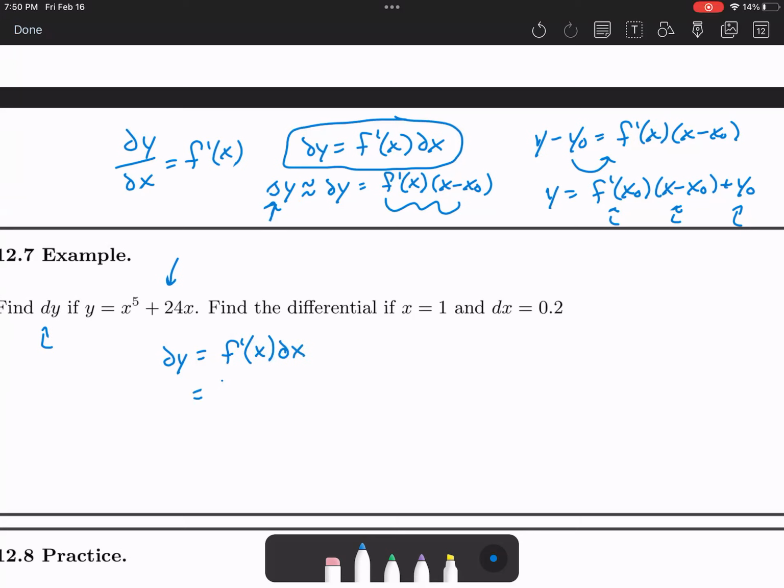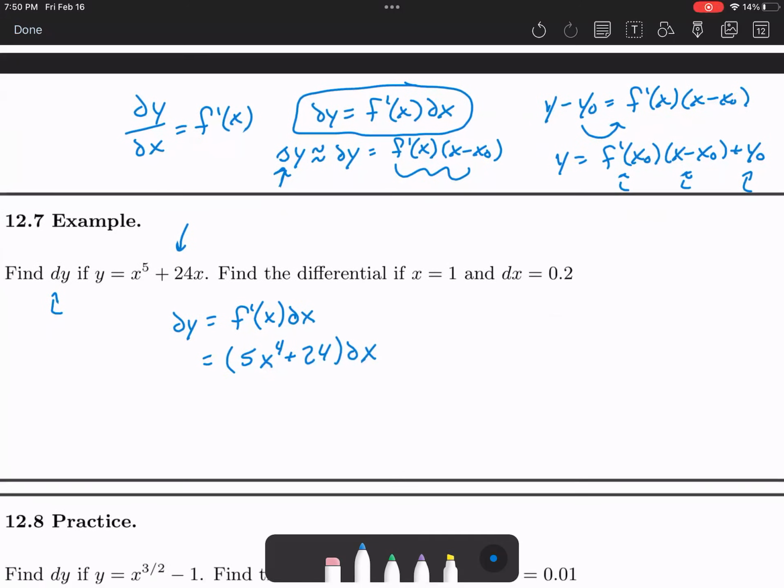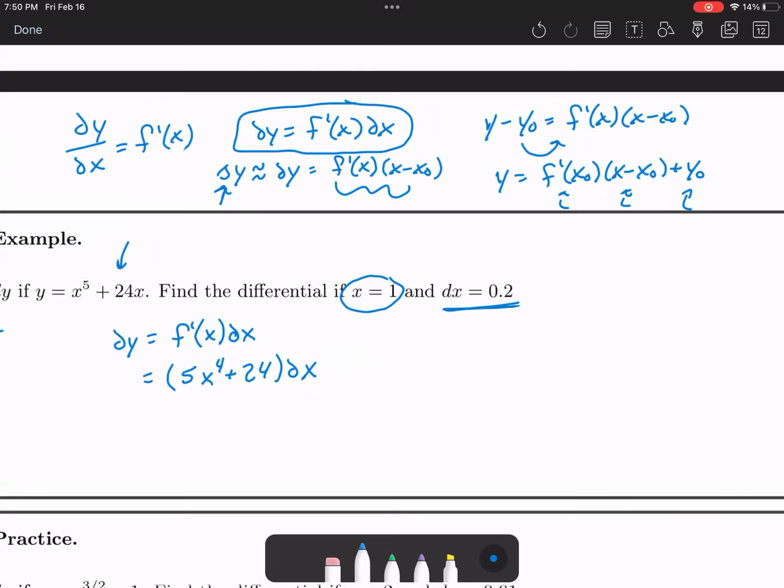All right, my derivative is 5x to the fourth plus 24. Now I want to find my differential if my point of interest is 1 and my travel in the x direction is 0.2. So if I look over here, I'm going to be interested in the point x is equal to 1.